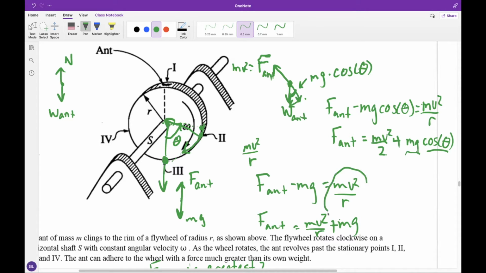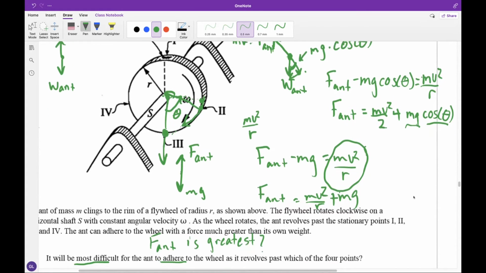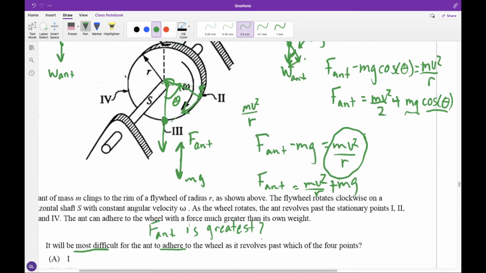Remember that this is the minimum force necessary just to move around in a circle. But when your weight is acting against you in these directions, you have to provide a force, not just the amount necessary to move in a circle, but also your weight. So putting this all together, position 4 would be when it's perfectly horizontal from the looks of it. And when it's perfectly horizontal at position 4, the angle here is going to be 90 because it's 90 degrees from here to here.